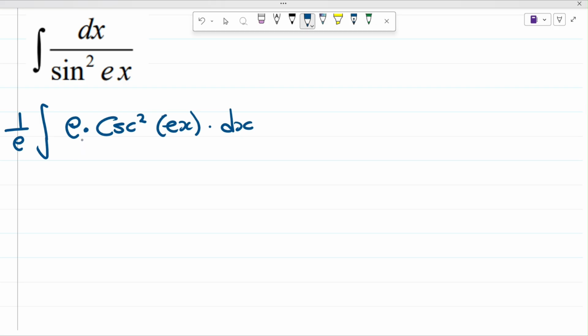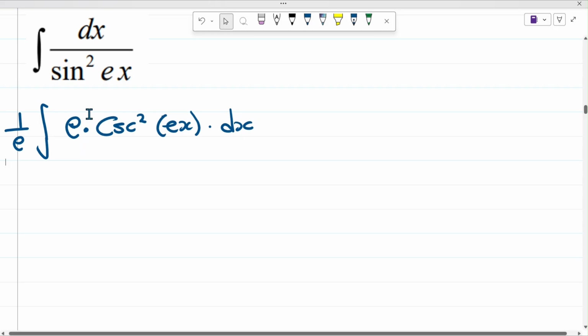Then you ask yourself, if I have the derivative of the argument alongside this trig function, then I can ask myself what was it that was differentiated for me to get cosec squared, and in this case positive cosec squared.